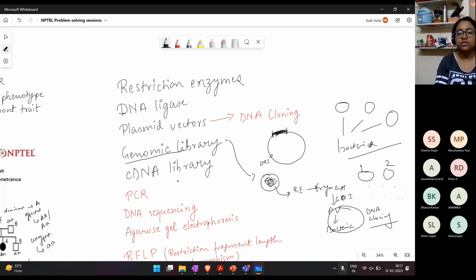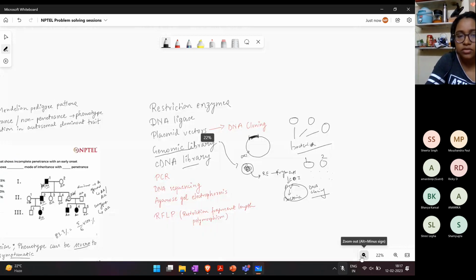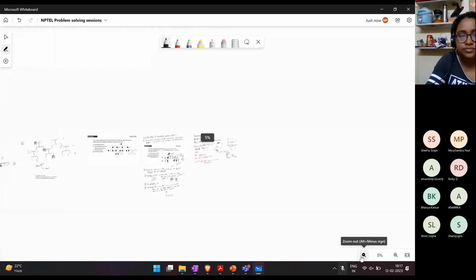Then another thing is called cDNA library. So cDNA, what does cDNA stand for? cDNA stands for complementary DNA. Okay, so let me show you a diagram to explain this.